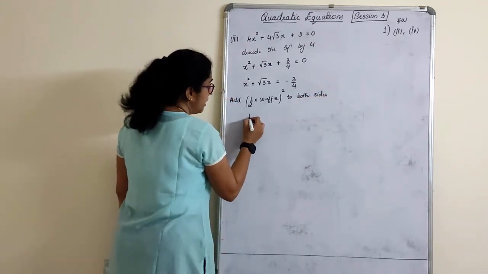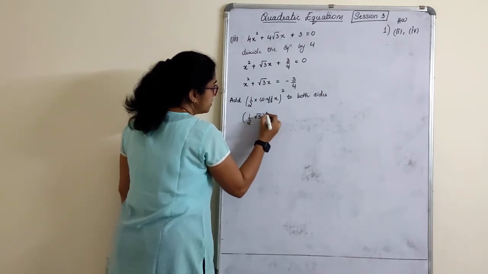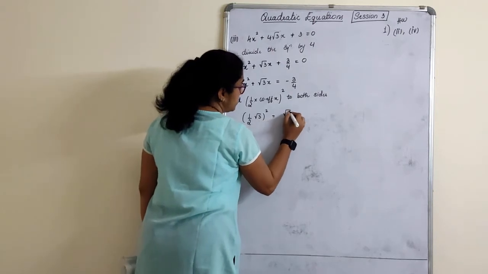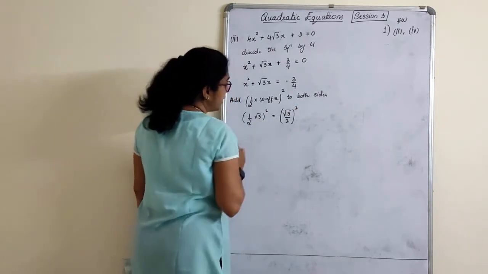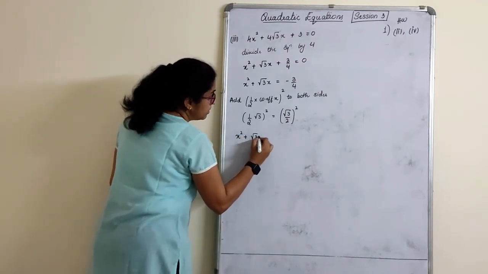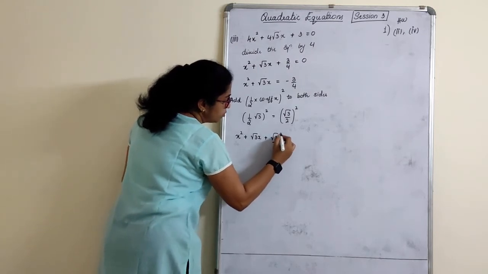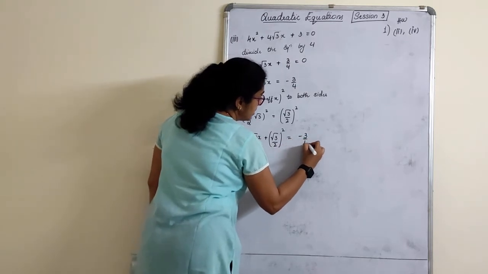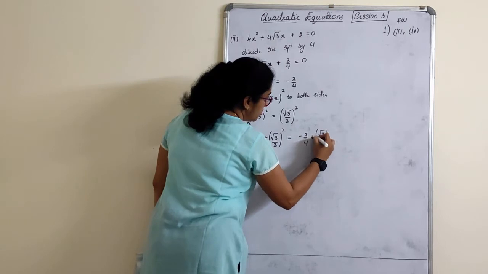Half into the coefficient of x is root 3 by 2, whole square, to both sides. So x square plus root 3 x plus (root 3 by 2) whole square is equal to minus 3 by 4 plus (root 3 by 2) whole square.